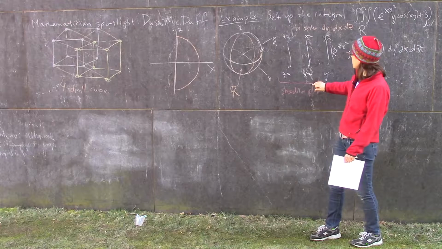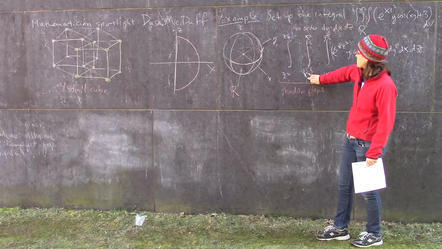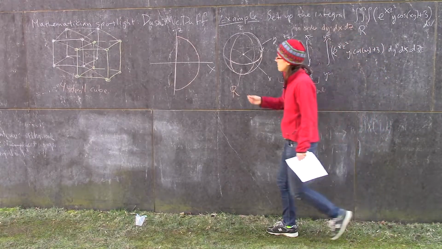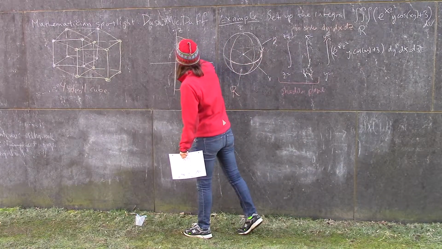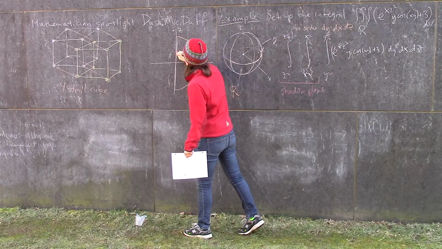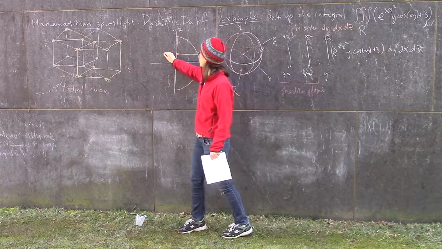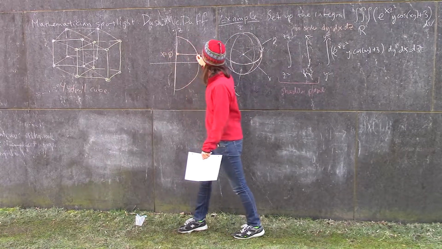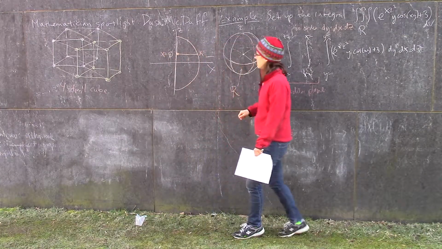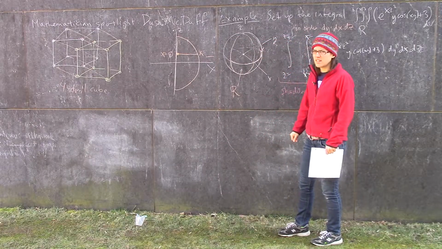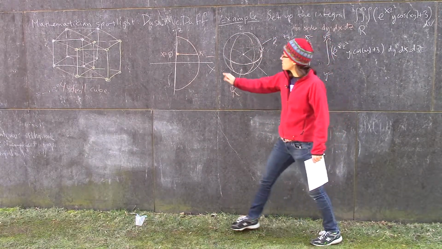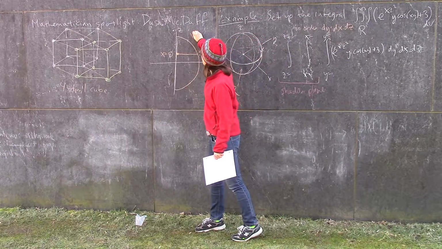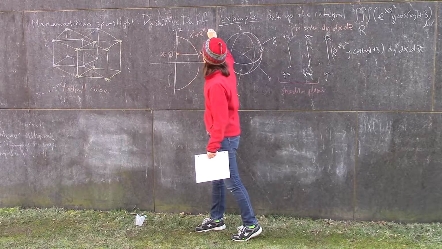So if we are integrating with respect to x, z is a constant, so we pick our favorite z, and we go across. So we're going here from x equals 0 up to x equals something. We just have to solve for it. So this is a unit circle. This is like x squared plus z squared equals 1.